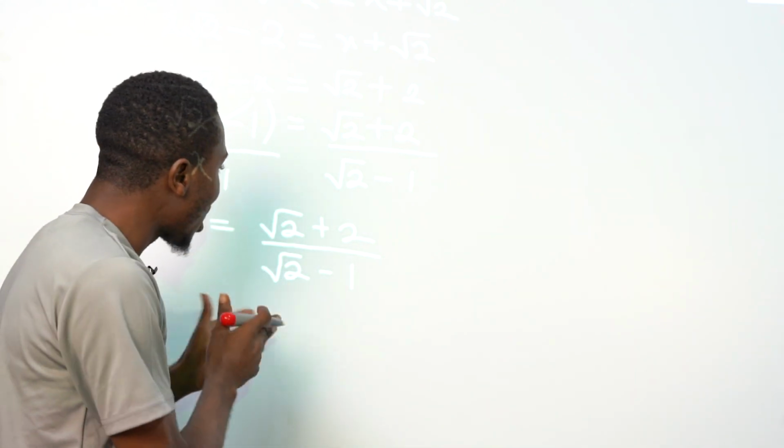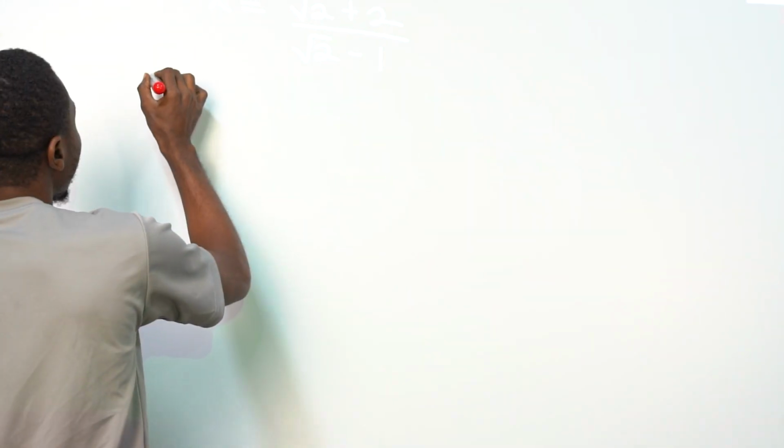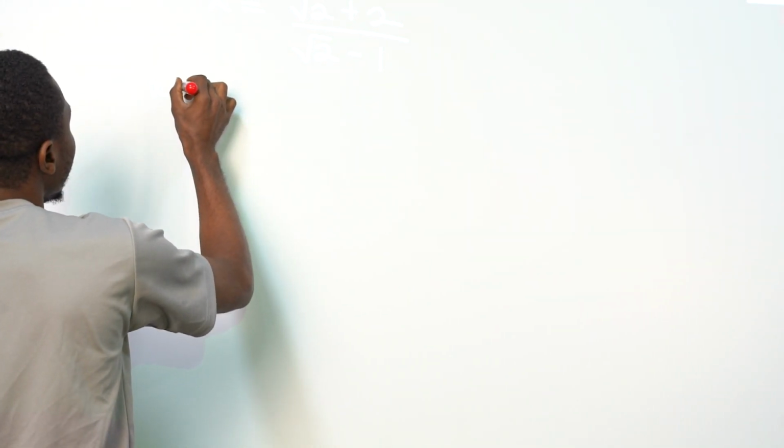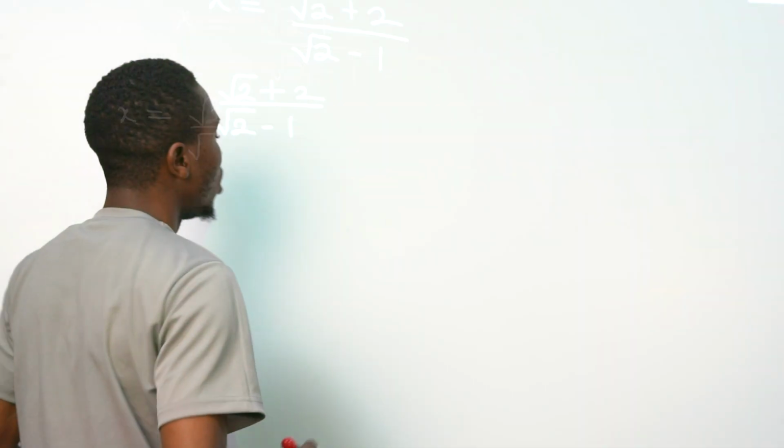So the next step for us to take is to rationalize. And how do we rationalize? Let's find out. So we have x equals root 2 plus 2 over root 2 minus 1. Remember the rule of rationalization.